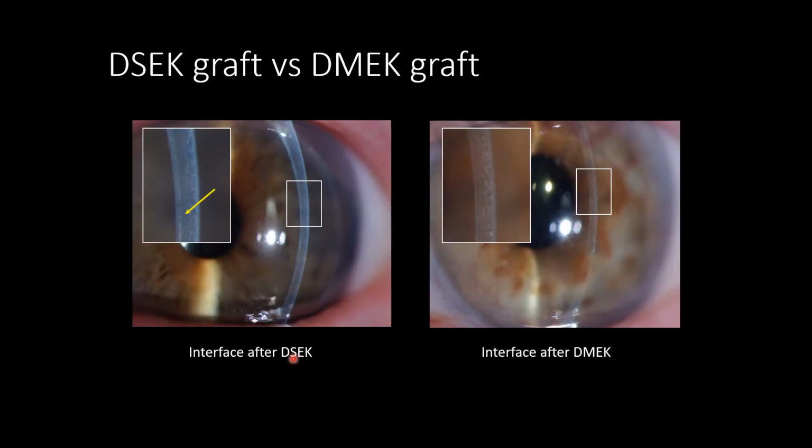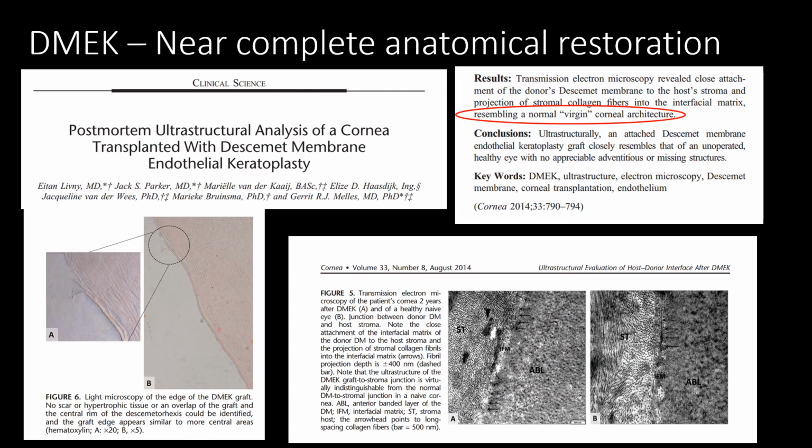If you do an optical section of the corneal stroma on the slit lamp, you'll see a stromal to stromal interface on the DSEK graft, but you will not see an interface on the DMEK graft. And even if you were to examine the cornea of a patient who has had a DMEK graft under a light microscope or an electron microscope, you'll find that the cornea virtually looks normal.